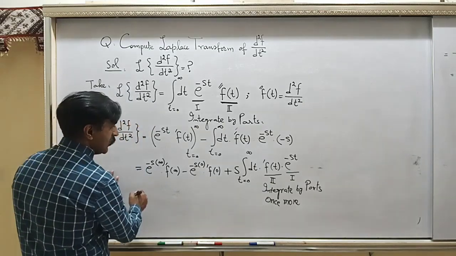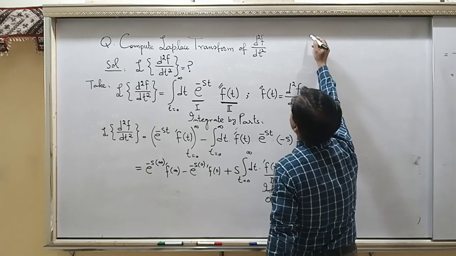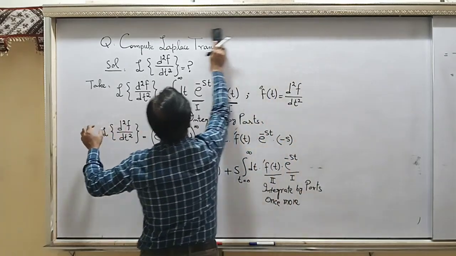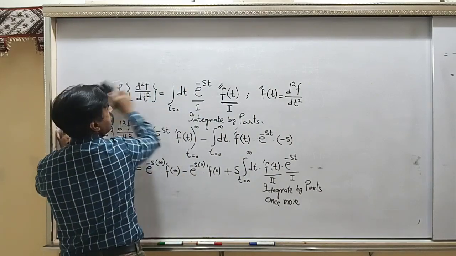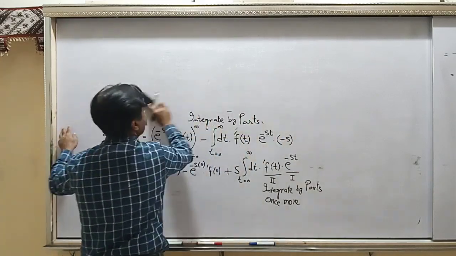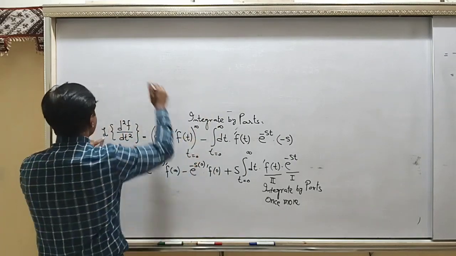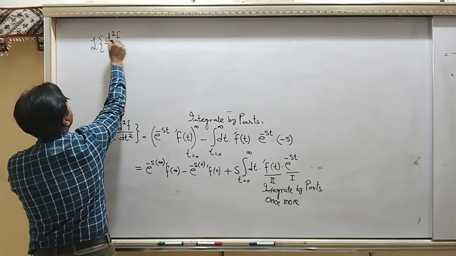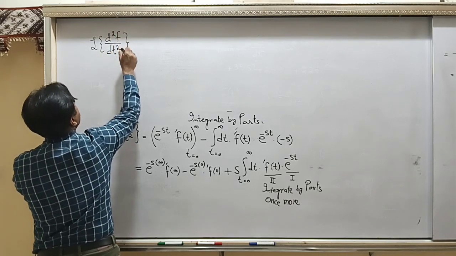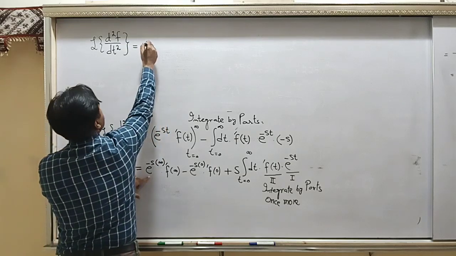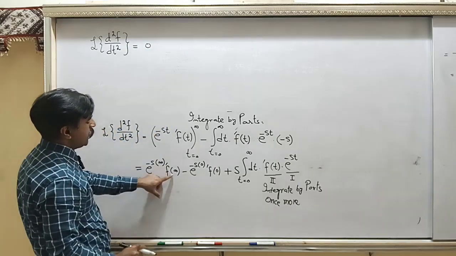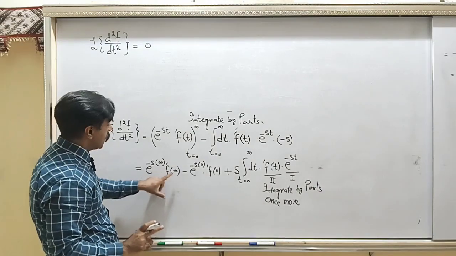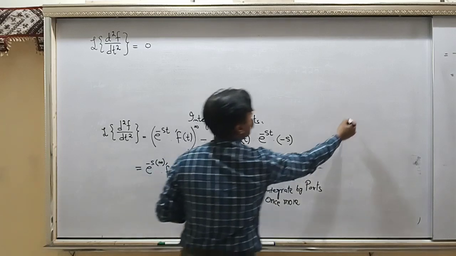So let's write it here. Let me erase this line because we don't need it again. So on the left is the Laplace transform of d2f by dt square, and here you have 0 into f prime infinity. f prime is a finite function because its derivative exists.